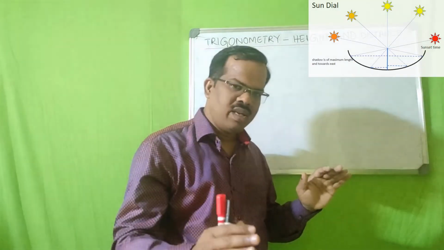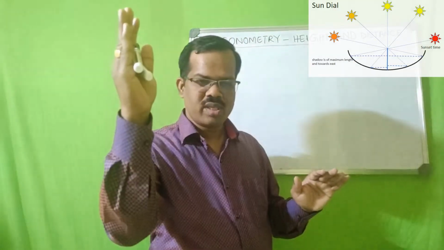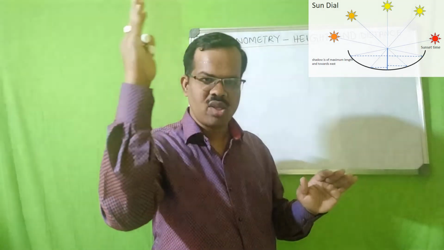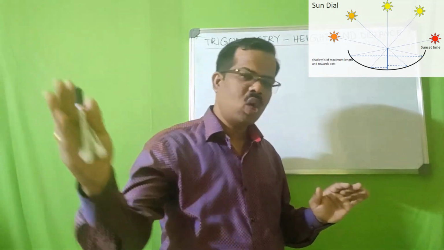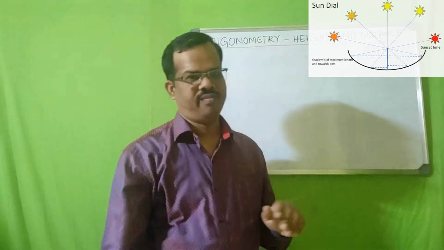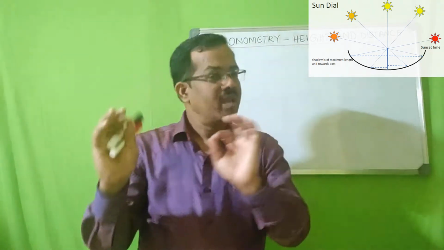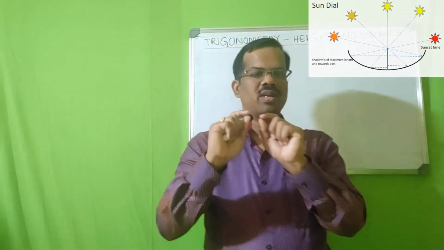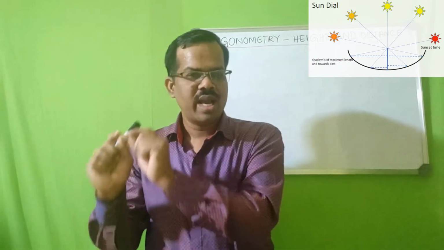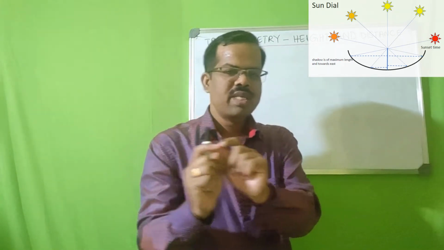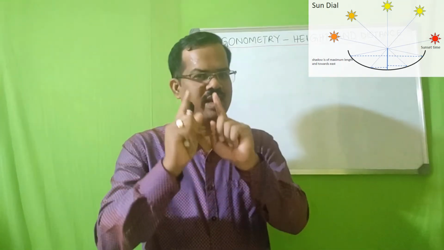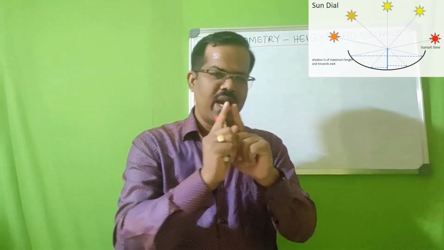As the afternoon progresses, that means we are going towards sunset time, you will see the longest shadow. Based on the timing, the position of the sun changes, and therefore your shadow changes. And this principle is called height and distance.